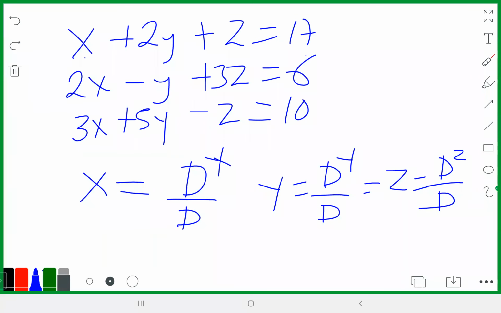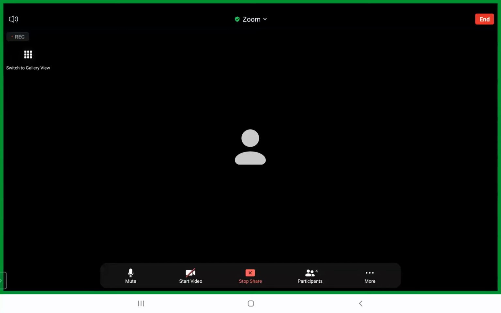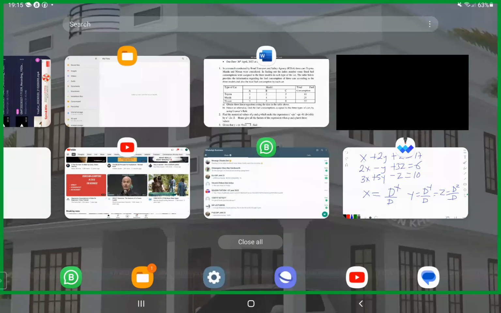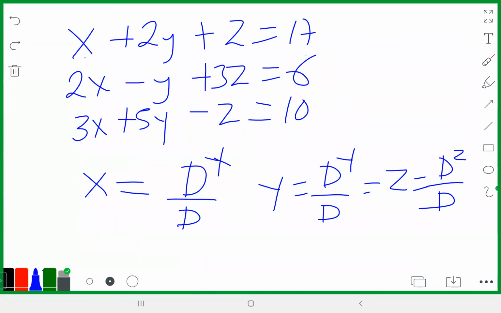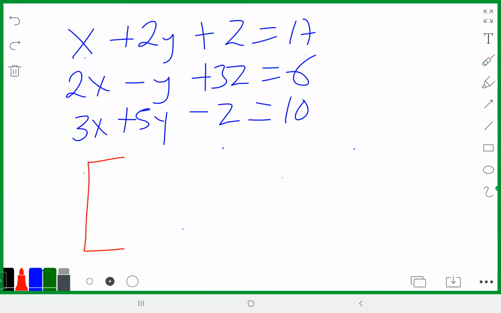So how do we extract a matrix from here? Of course, you have to find the general determinant. And how do you find it? Extract the matrix by getting the coefficients. What is the coefficient here?